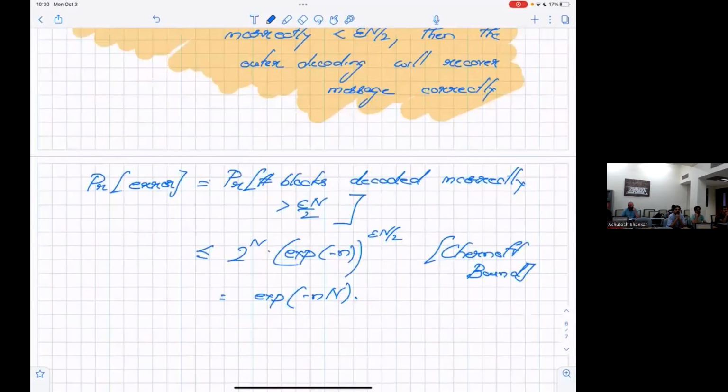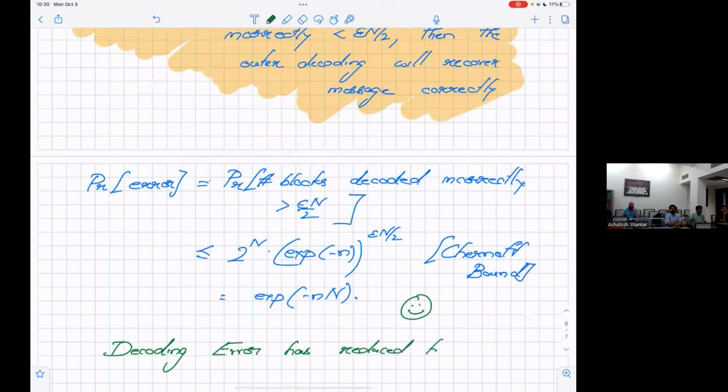So that's the happy part of it, that finally the decoding error has reduced to 1 over exponential in N. That's the end of the story.